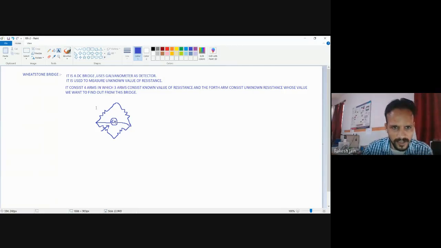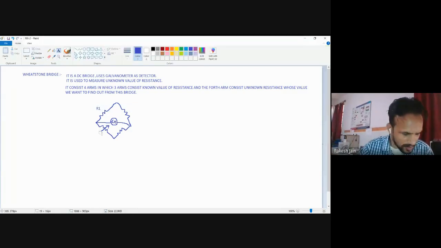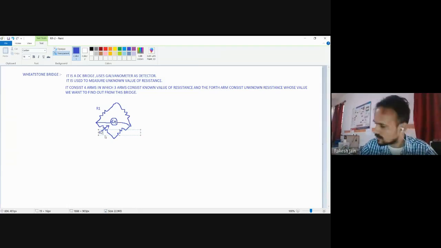Let's suppose this resistance is my R1. This resistance is my R2 resistance. This resistance is my R3 resistance, and this resistance is my R4 resistance.